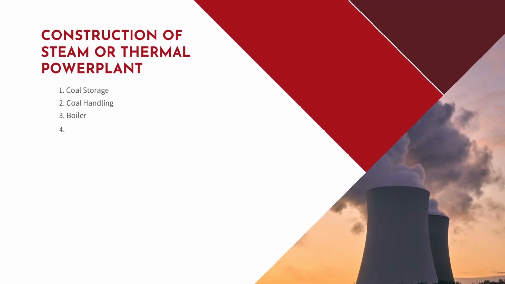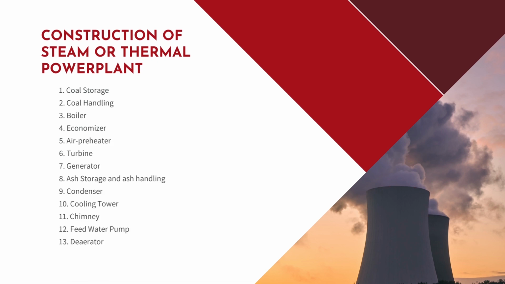Now, we can see various types of equipment or sections used in steam power plants: coal storage, coal handling, boiler, economizer, air preheater, turbine, generator, ash storage and ash handling, condenser, cooling tower, chimney, feed water pump and deaerator. So, these are the basic and important components of any steam or thermal power plant.